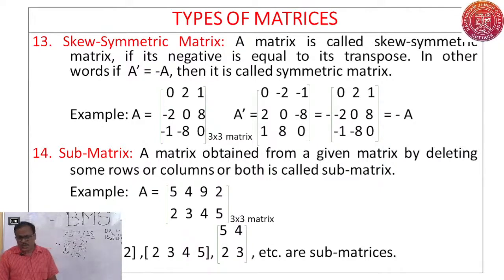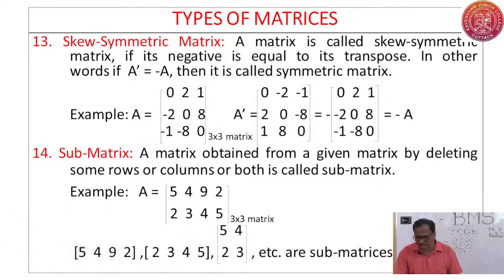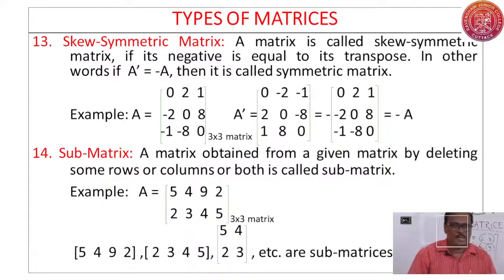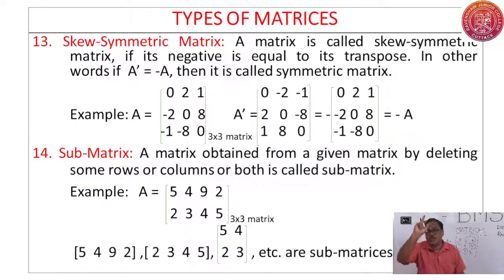A matrix is called skew symmetric if its negative is equal to its transpose. So when we transpose it, we find the negative of the original matrix. Then we can say it is skew symmetric. And remember, in this type of matrix the principal diagonal or leading diagonal elements must be 0. We cannot have any nonzero element on the principal diagonal.